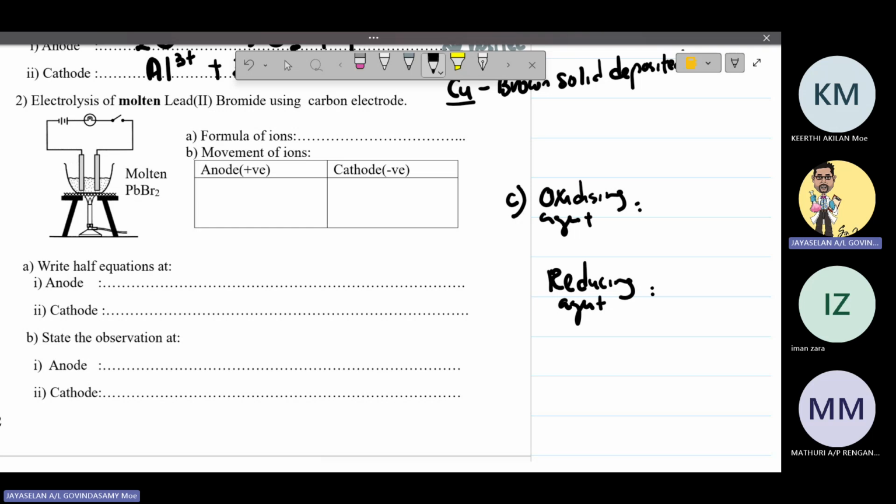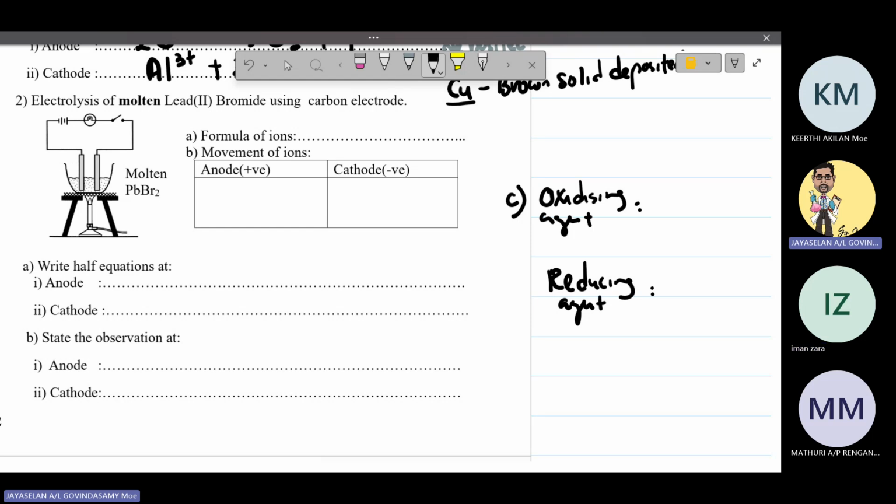Kitty can do? Madhuri? Yes sir, doing. Oh, still doing. Inman done or not? Dekat observation tu saya tengah confuse sikit. Okay, tak apa. Kita buat.